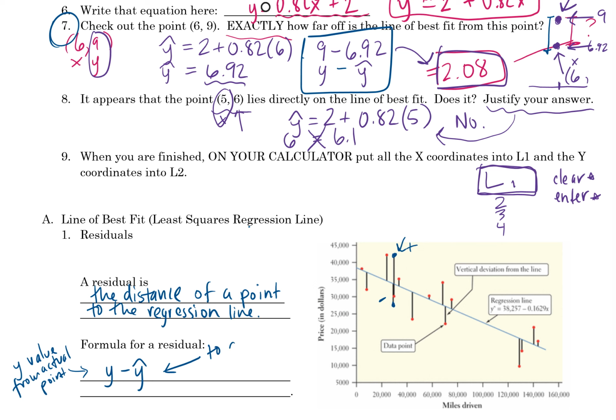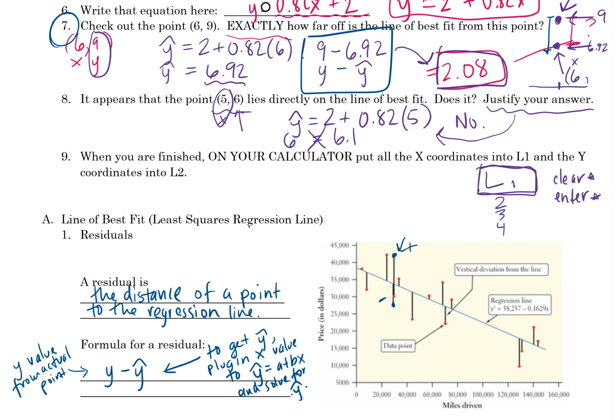So to get y hat, plug in the x value to the regression equation, y equals a plus bx, and solve for y hat. Okay? So that is how we get a residual.